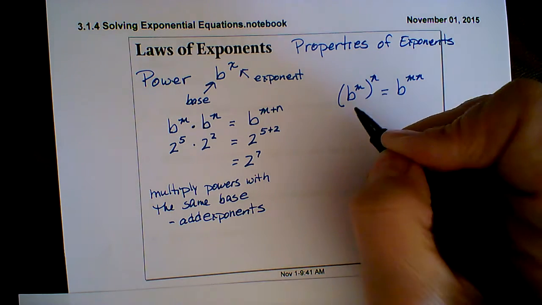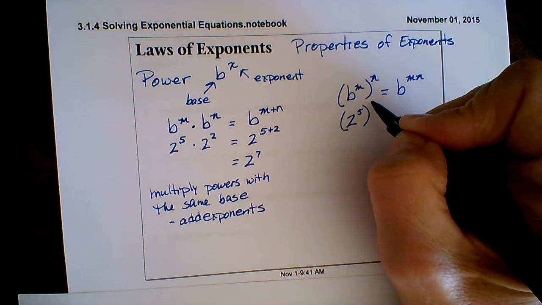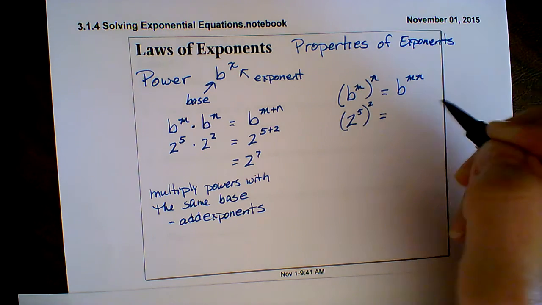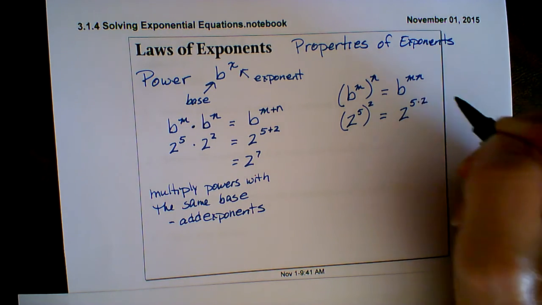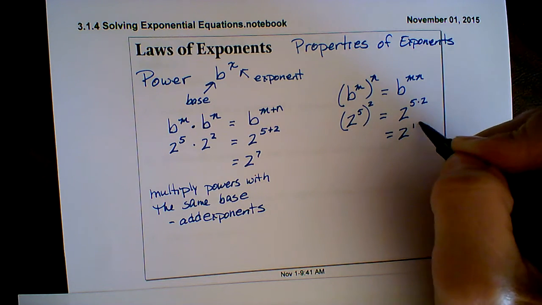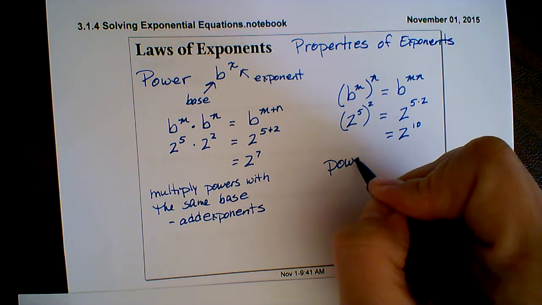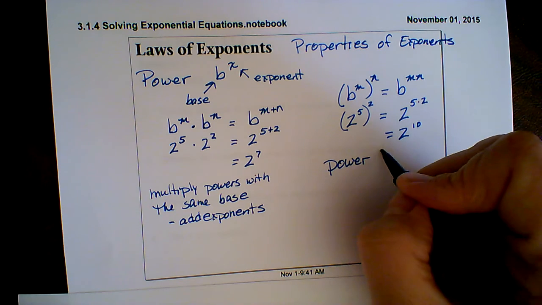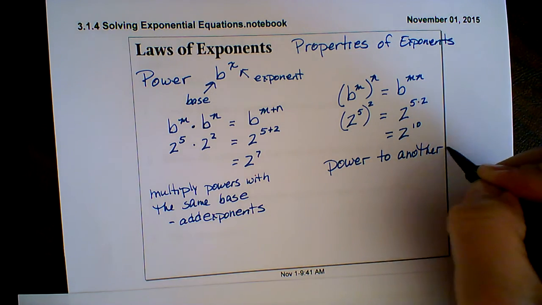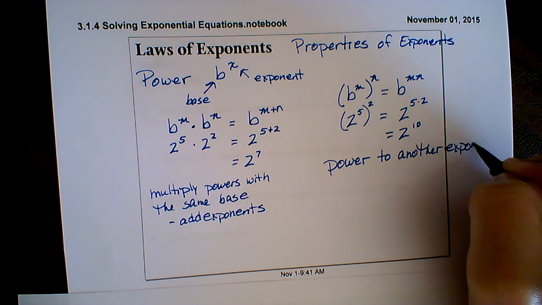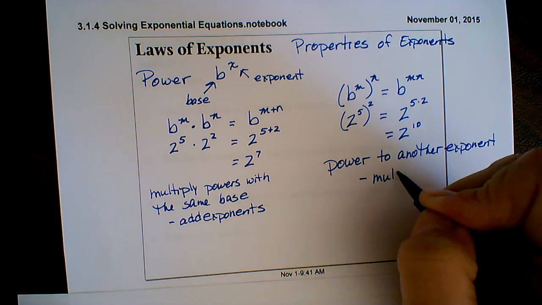So in our example from before, we would take 2 to the fifth, and we're raising that power to another exponent, and that becomes 2 to the 5 times 2, 2 to the 10th. So if we're taking a power and we're raising it to another exponent, then we multiply the exponents.